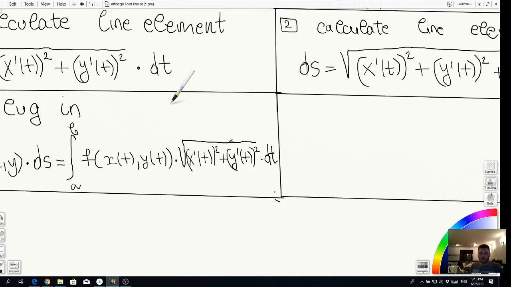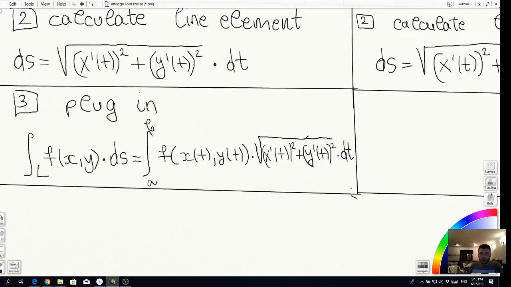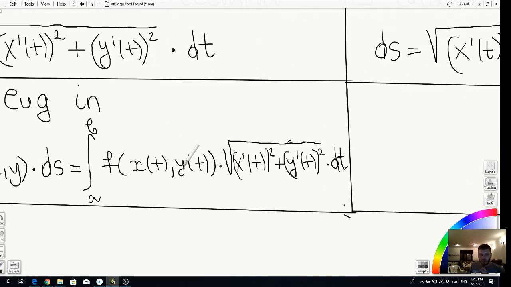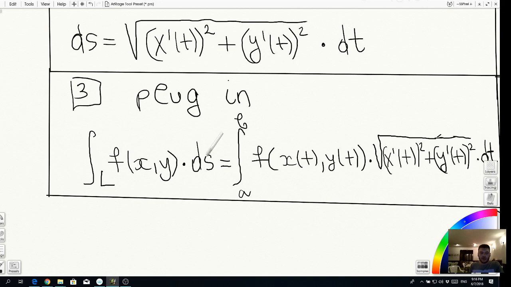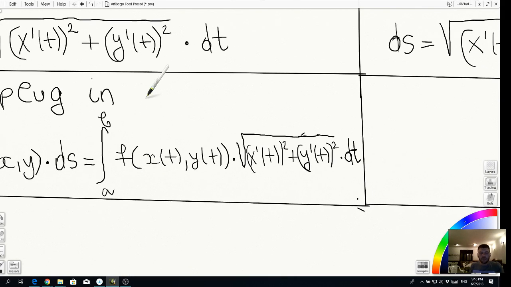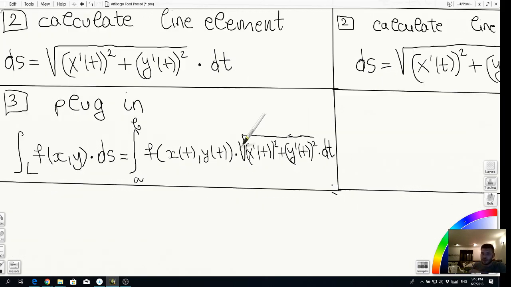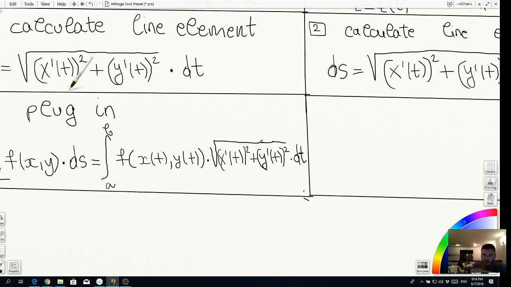Okay, this is our integral that we have to solve, and our line integral problem is reduced to solving just one ordinary integral.